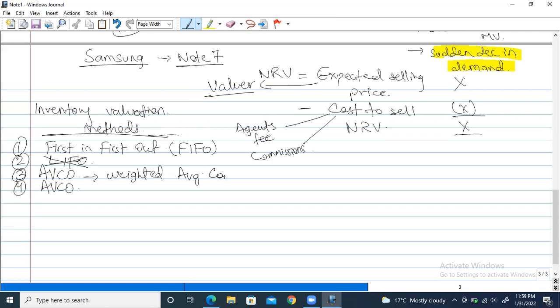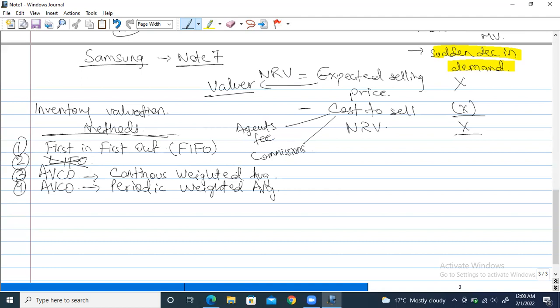The full word for this is continuous weighted average. And the last one is periodic weighted average. This is the only difference. These are the three methods: FIFO, AVCO of continuous weighted average, and AVCO of periodic weighted average.